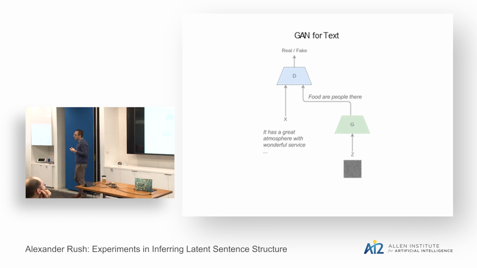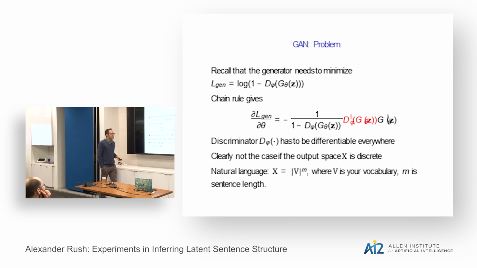It's very important that our outputs in text be actual words. But if you make actual hard decisions about the words themselves, you lose the ability to backpropagate from the discriminator through the generator. So particularly this part of the gradient gets messed up when we have text examples. And so you can't just use exactly the same mechanisms with text in order to train your generative adversarial network.